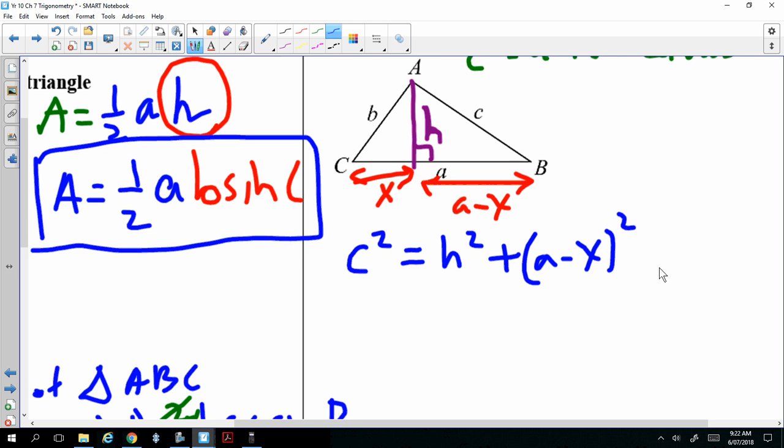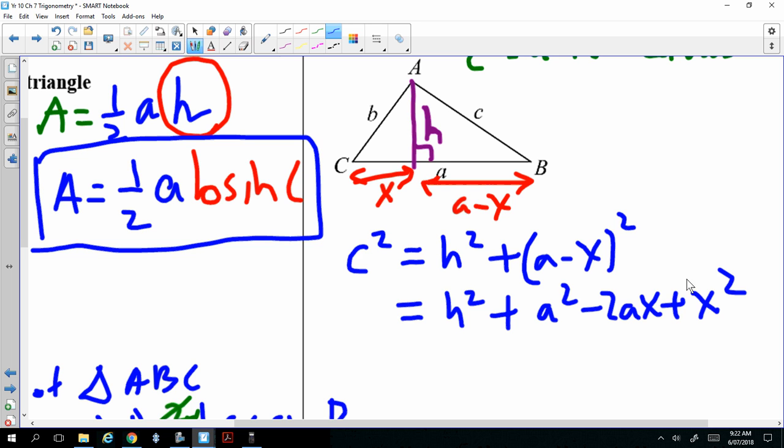So you go h squared plus a squared minus 2ax plus x squared. Hopefully you remember the stuff from chapter 8, how to expand perfect squares. Right, so you write the Pythagoras theorem, write down and expand (a minus x) as a perfect square.